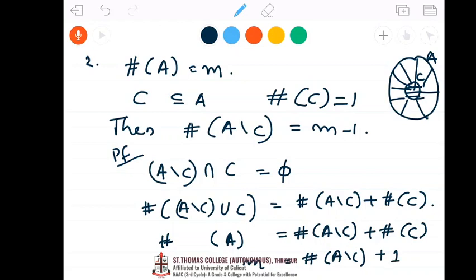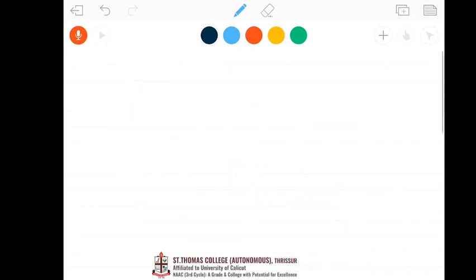So m is equal to number of elements in A minus C plus 1. Then what is number of elements in A minus C? It is nothing but m minus 1.